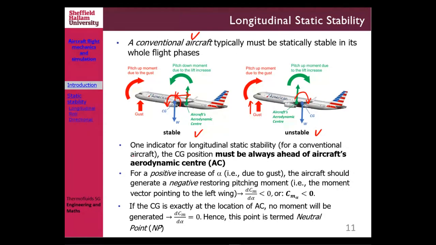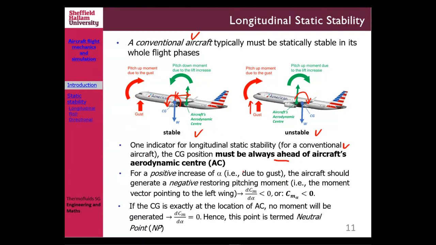Now, one indicator for longitudinal static stability for a conventional aircraft, remember, only a conventional aircraft, is that the CG position must always be ahead of the aircraft aerodynamic center. Ahead means closer to the nose, right?